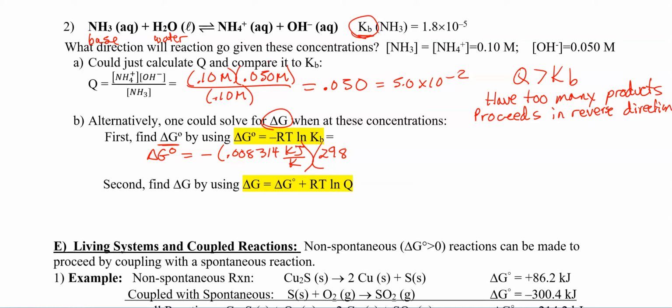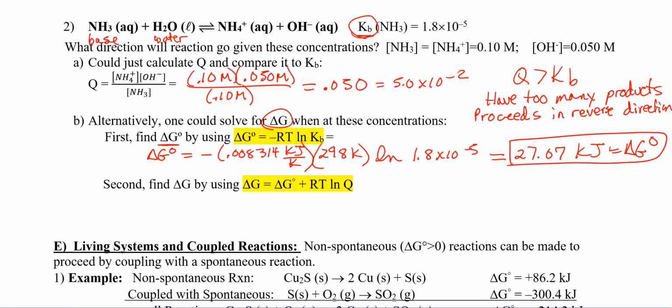Again, we didn't say, but if they don't say what temperature, just assume 298. ln of K, which is our 1.8 times 10 to the minus 5. So if you calculate all of that out, the delta G naught should give you a value of 27.07 kilojoules. Okay, so that's our delta G naught.